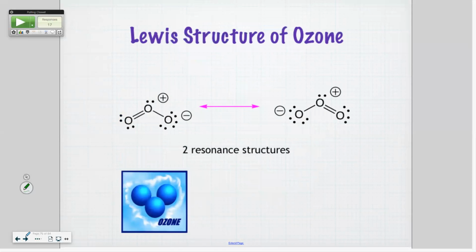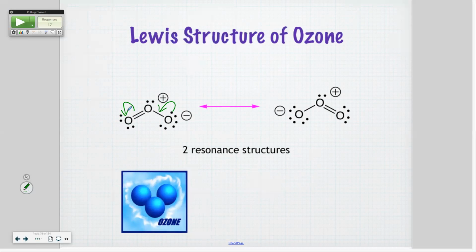Okay, here's the Lewis structure of ozone. I should have asked you to draw it, shouldn't I? Okay, there are 2 Lewis structures, so notice that. That's how you go between them. There it is, pale blue. It's supposed to be pale blue.